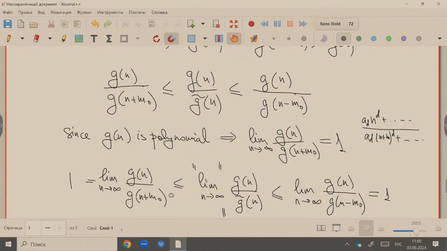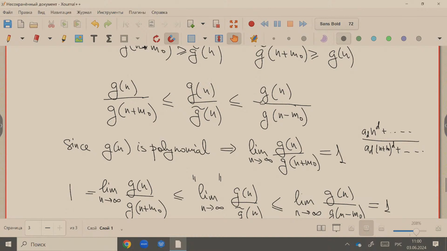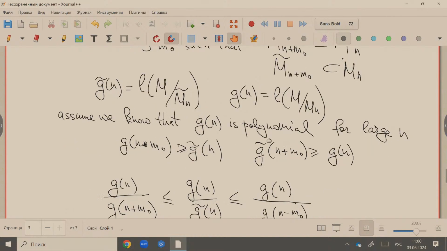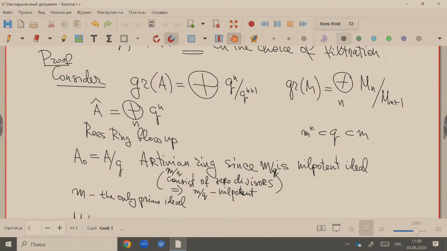I guess you have understood that in order to get that Gn is a polynomial in n, we have simply applied our theory, the previous remark about Hilbert series. We have applied it to two rings, the associated graded rings, this one and this one.